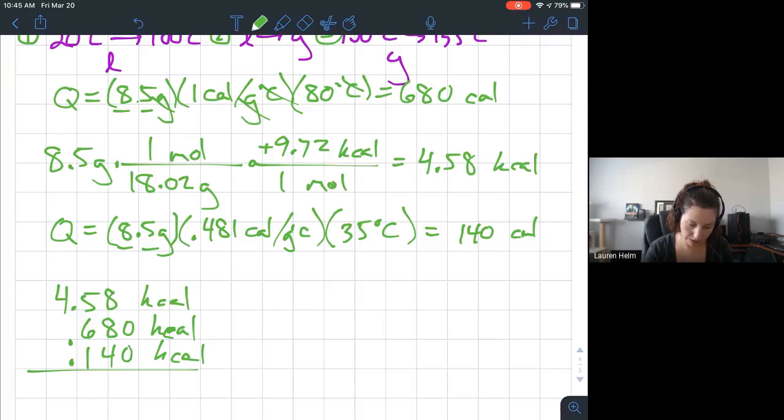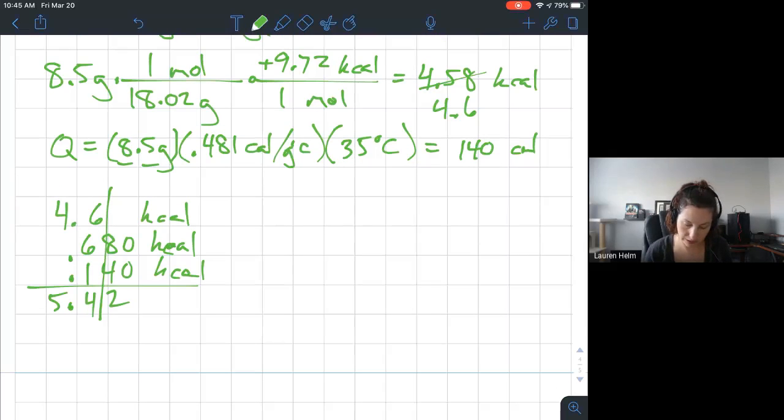So that should be 4.6. 2 sig figs. We get 5.42. Our answer is 5.4 kcals.